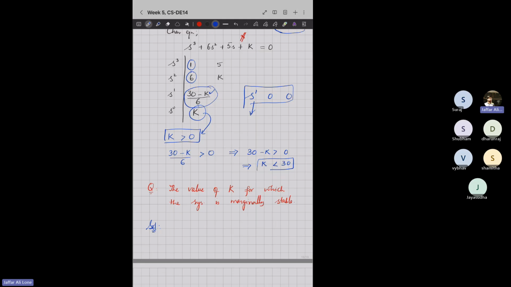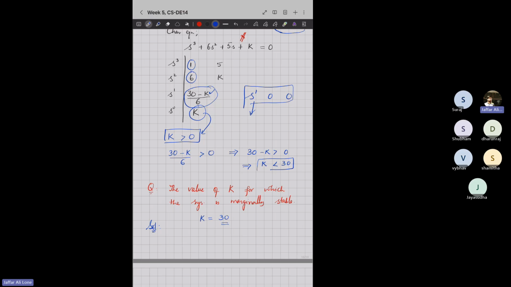But there is one thing. The presence of poles on the imaginary axis does not always guarantee the system is marginally stable. The system can be unstable as well. Darun Raj said the value of K should be 30 so that the system is marginally stable. Perfect, correct, because by making K equal to 30, we get poles on the imaginary axis.